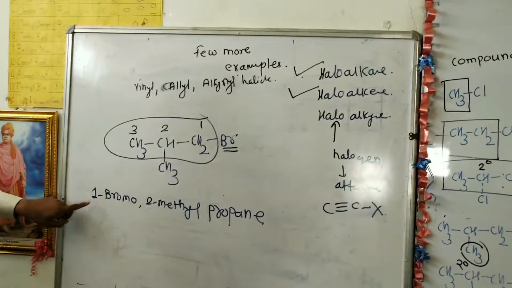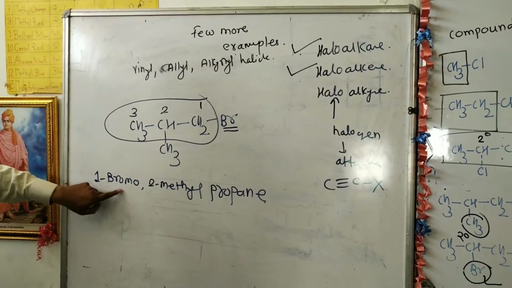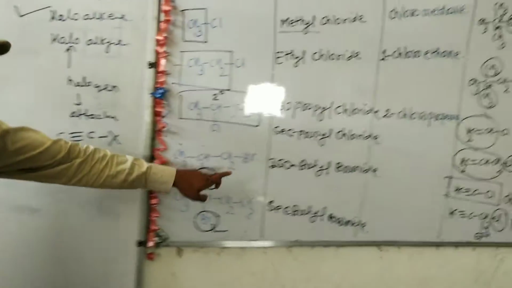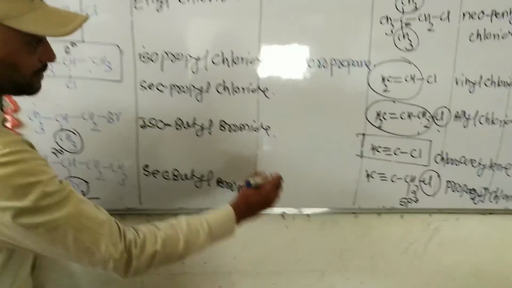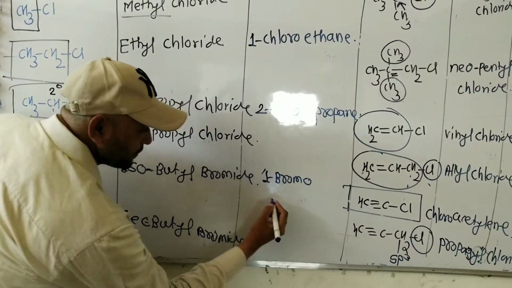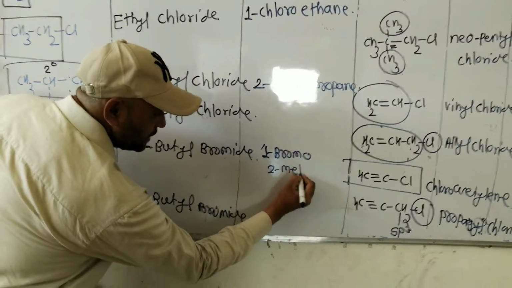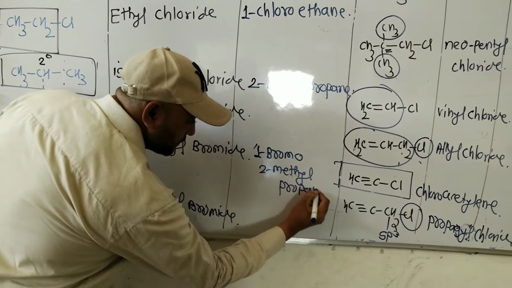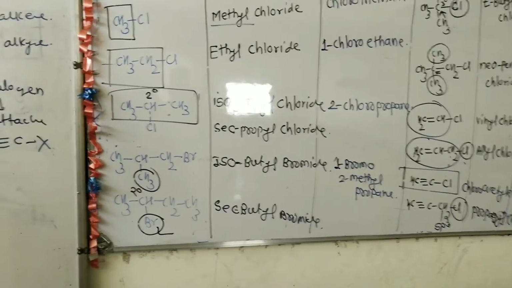So what is the name of this compound? 1-bromo-2-methylpropane. So isobutyl bromide is named as 1-bromo-2-methylpropane.